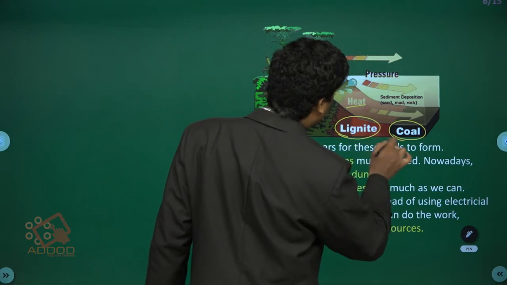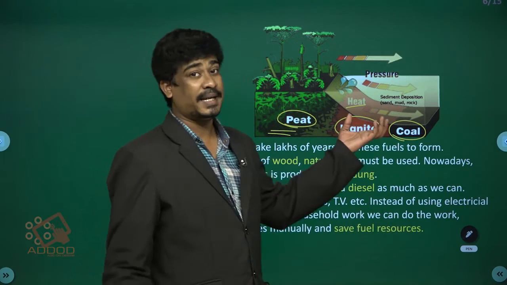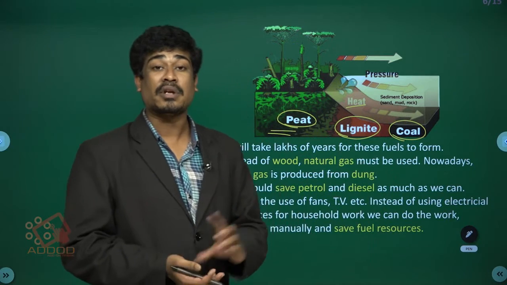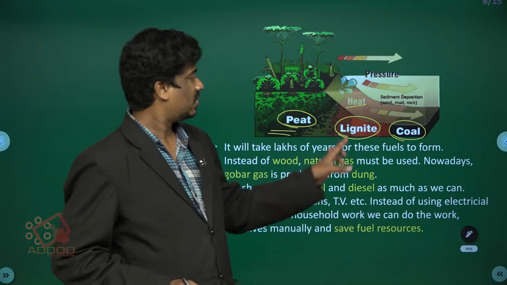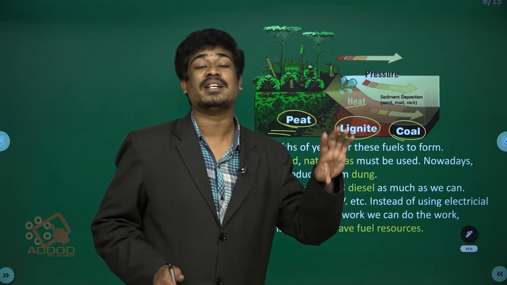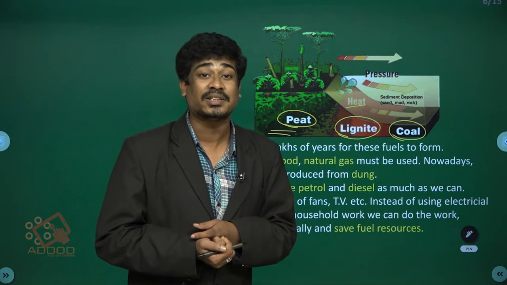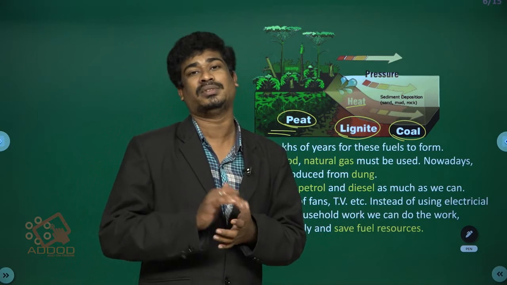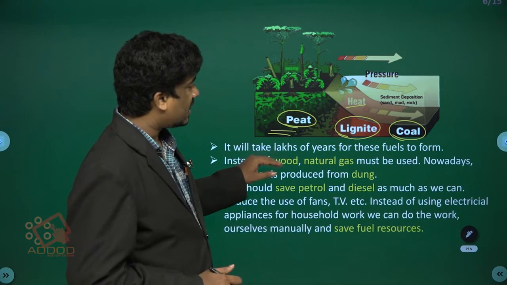You can observe the black color, green color, red color, coal. After so many years, from the coal we can extract petrol, diesel, like that. In this process we are extracting the fuels. It takes lakhs of years to form a fuel.